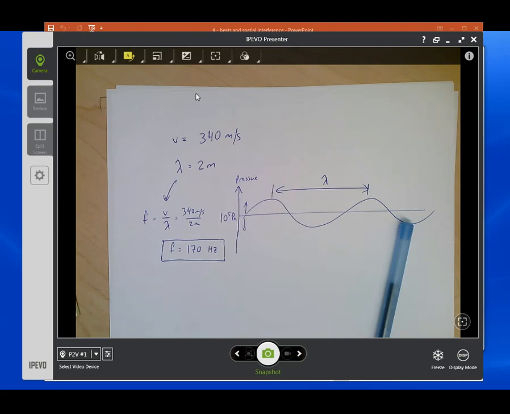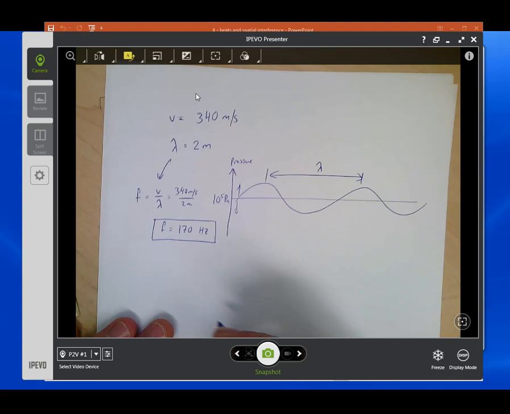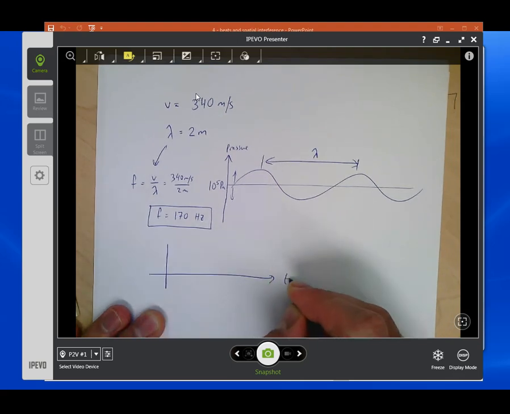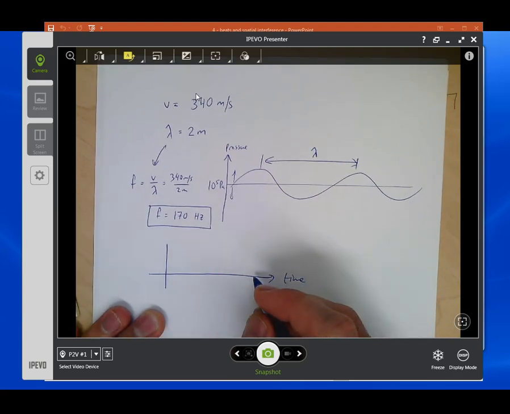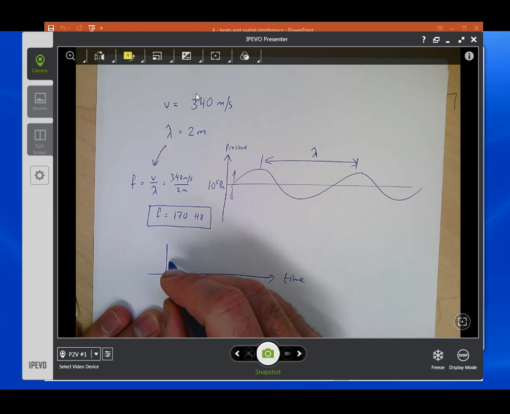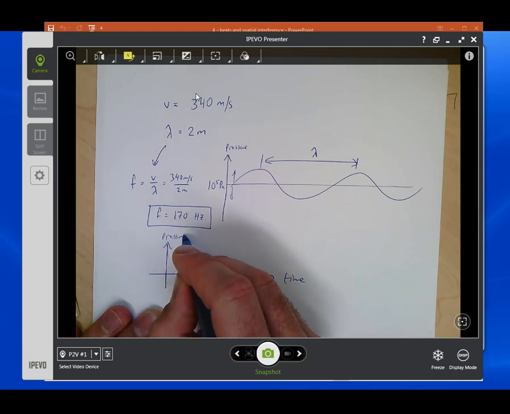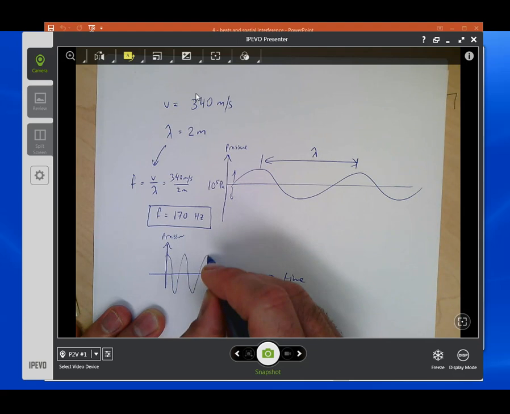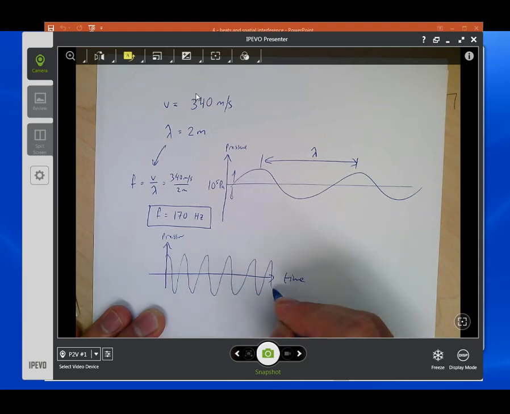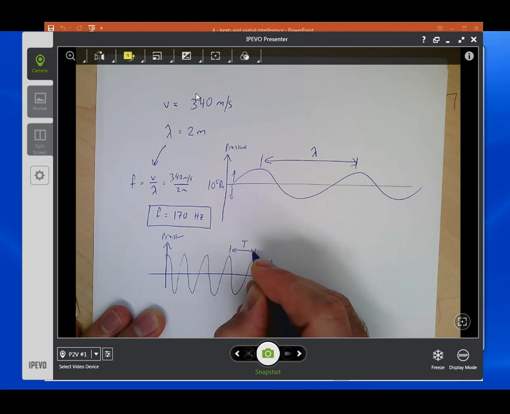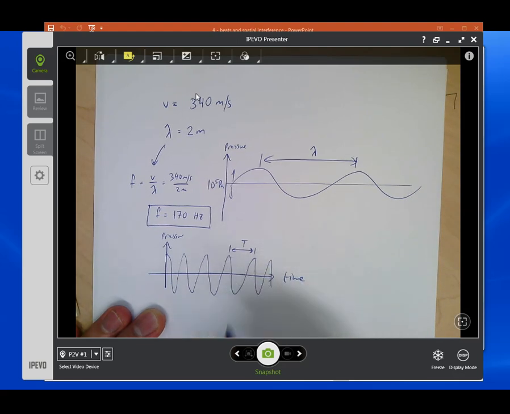Another way we can review here is we can think about, if my ear was some distance away from this thing, and I was also feeling this pressure changing, going from high to low, then I might ask, how much time has gone by between one high pressure and the next high pressure?